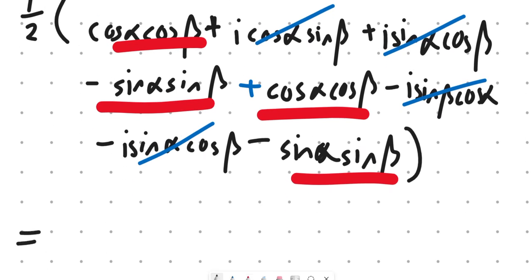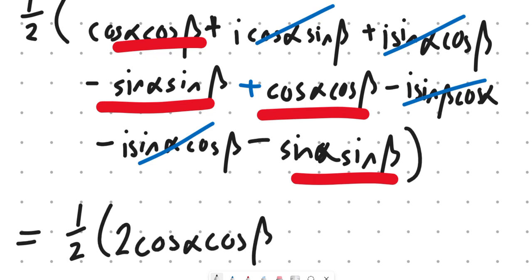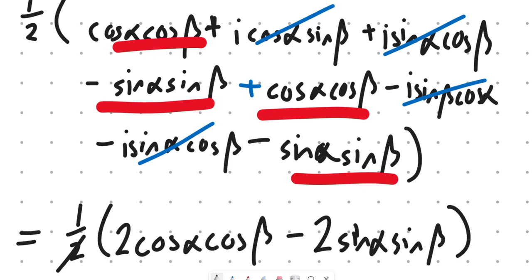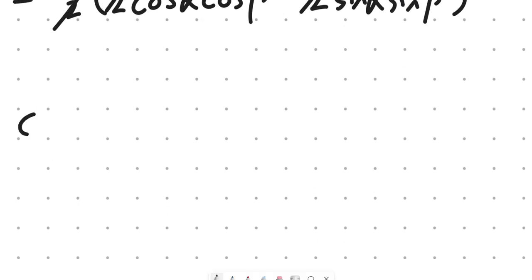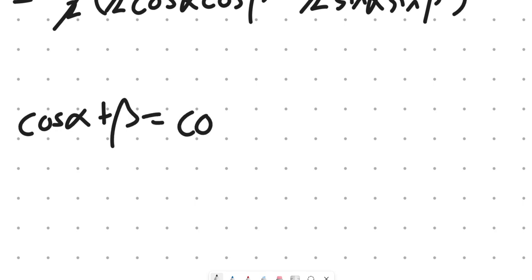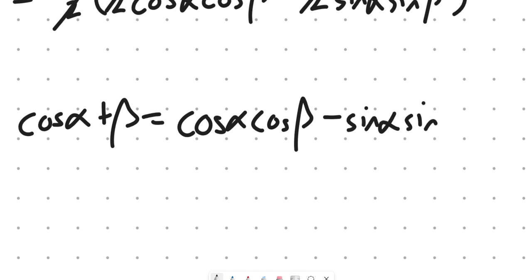So we would get 1/2 times 2 cosine alpha cosine beta minus 2 sine alpha sine beta. Cancelling the 2, we will have the identity that cosine of alpha plus beta is equal to cosine alpha cosine beta minus sine alpha sine beta.